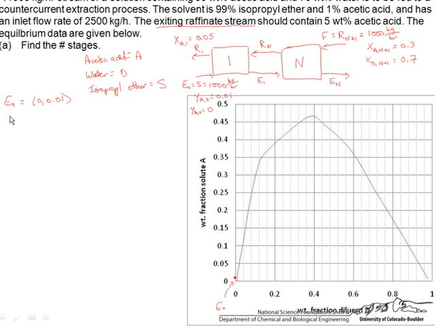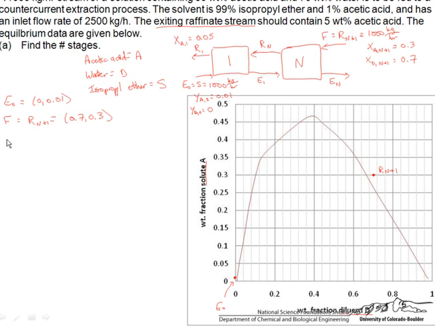We can plot the feed, which equals Rn plus 1, and that is at 0.7 and 0.3. Note that we have plotted the solute A versus the diluent D. So 0.7 and 0.3 gives us right here, and that's Rn plus 1.